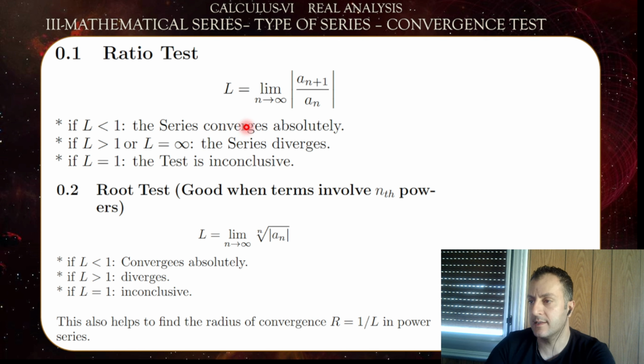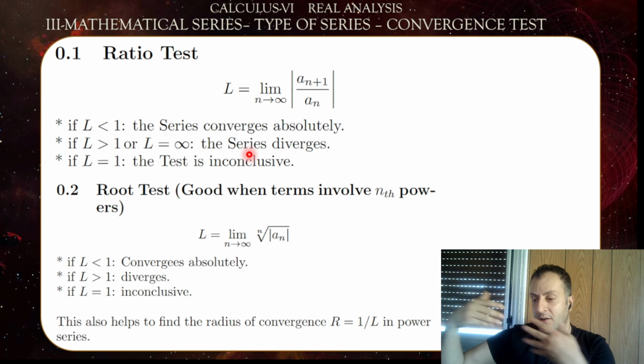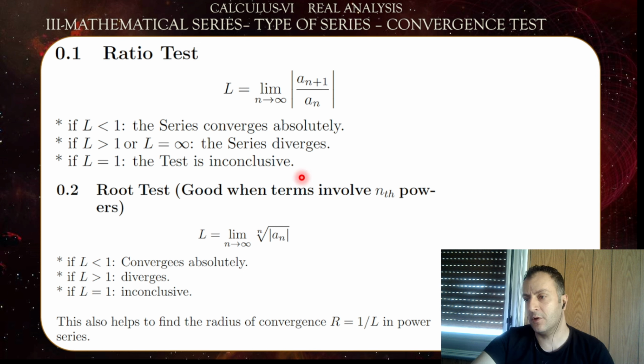Hence, the series converges absolutely. If L is greater than 1 or L equals infinity, then the series diverges. It means that the next terms are always greater than the previous terms. So the terms that are adding up are increasing in value. Third, if L is equal to 1, then the test is inconclusive and we need further testing.